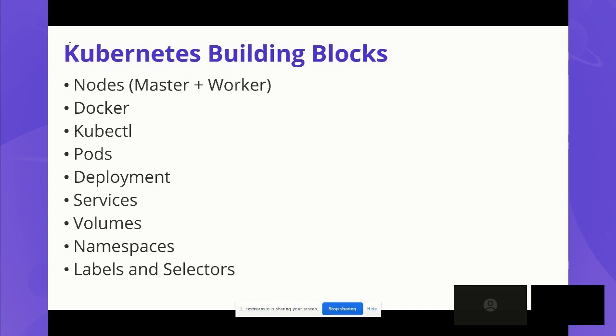Docker is the de facto standard for running containers, so Docker is there as the container runtime. kubectl is the CLI, just like you have a Docker CLI. I'm sure folks here would have played with kubectl before.